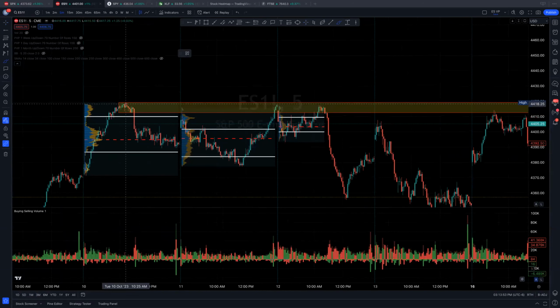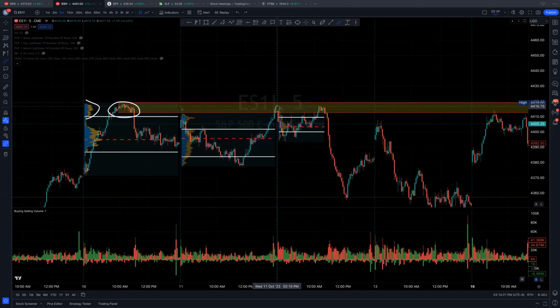On Tuesday, I'm sorry, we had a high volume node form here with price acceptance. So this was seller's acceptance. Here, we didn't even go near it. We didn't make a high volume node, which is pretty much flat here. And we only touched it during the algo time.